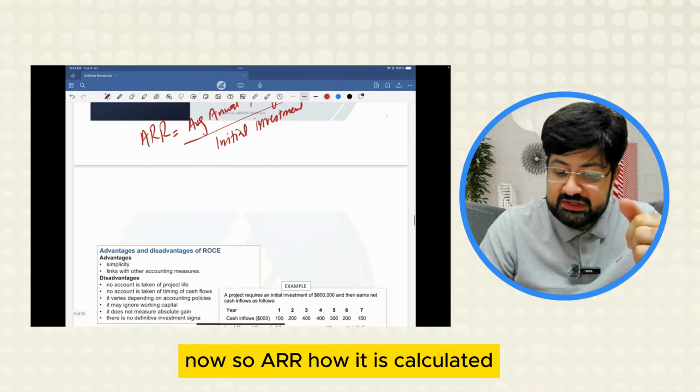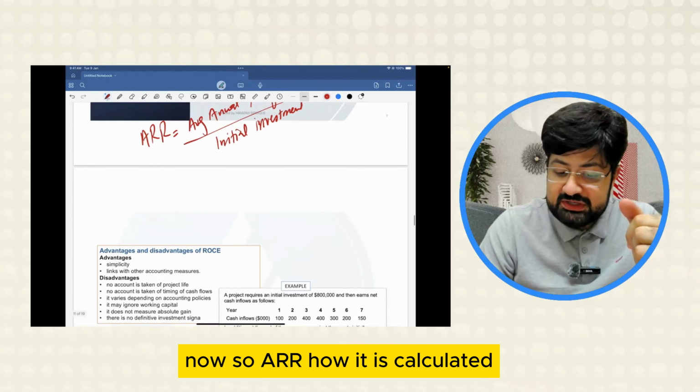Sometimes you are given cash flows of the project and told to calculate ARR. In that case, we need to know the relationship and difference between cash flows and profits, because for ARR we need to calculate profits from these cash flows.